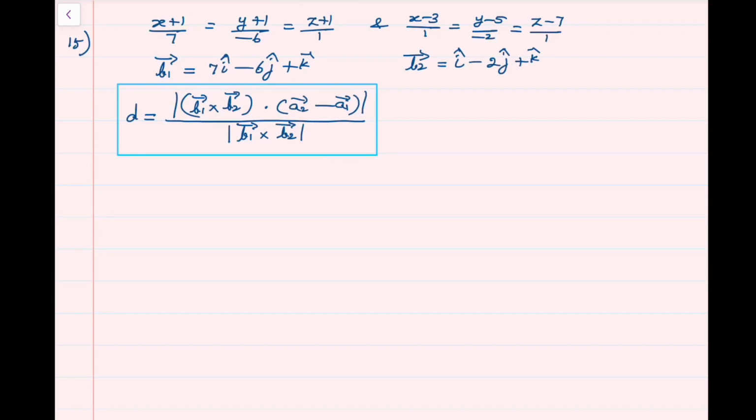Let us write vector a1 and vector a2 from the equations, from the numerators. Be careful with the signs. The standard form has minus sign in between. Let us write vector a1, which is equal to minus 1i minus 1j and minus 1k, and vector a2 is equal to 3i plus 5j plus 7k.